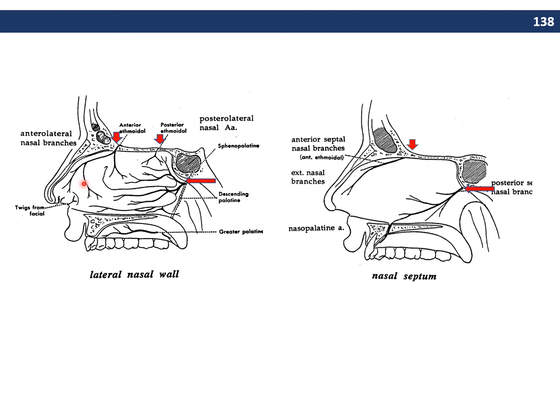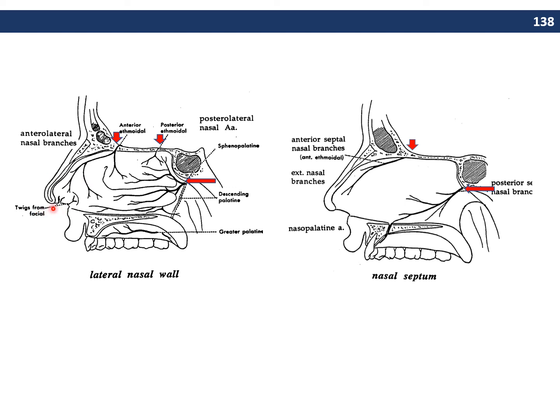And so, here are our anterior and posterior ethmoidal arteries contributing to the lateral nasal wall. Those anterior lateral nasal branches are these more anterior parts coming off of the anterior ethmoid here.